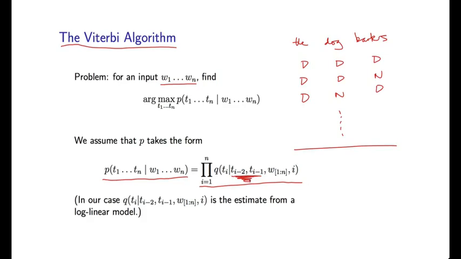I have this Markov-like assumption, and that will again allow us to apply dynamic programming, or the Viterbi algorithm, to this problem of finding the highest scoring tag sequence. As it happens in our case, this q, this estimate, is the output from our log linear model, which makes direct use of parameters and these features that we saw earlier.